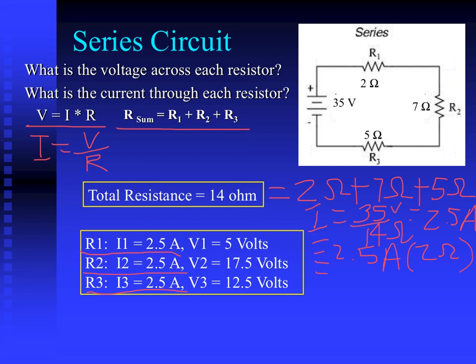The voltage across R2 is going to be 2.5 amps times R2, which is 7 ohms. And then the voltage across R3 is going to be, again, the 2.5 amps times R3, which is 5 ohms. And that's how we got the current and voltages in the series circuit.